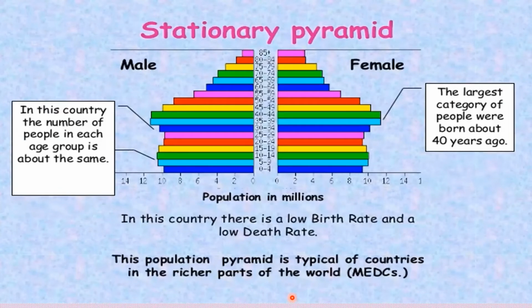Stationary pyramid. The stationary population pyramids are used to represent populations that are not growing. They are identified by their rectangular shape, showing a relatively equal percentage across the age groups that tapers off towards the top.